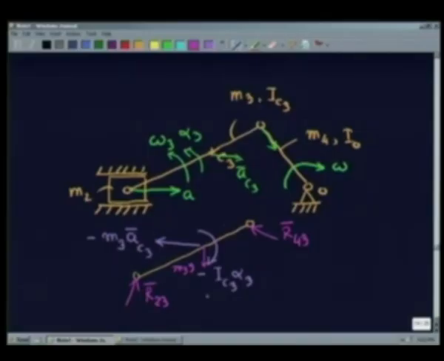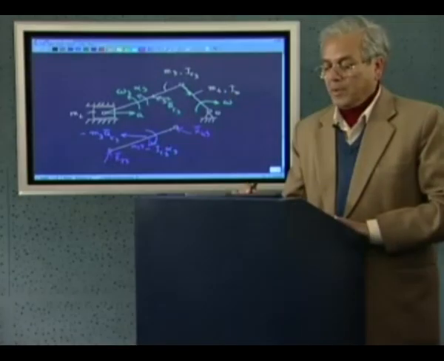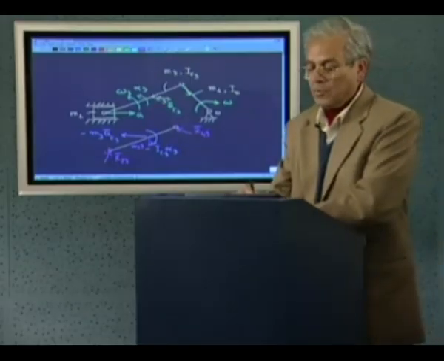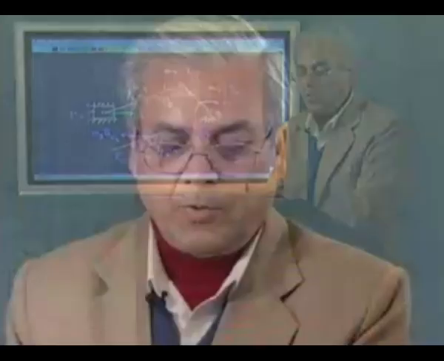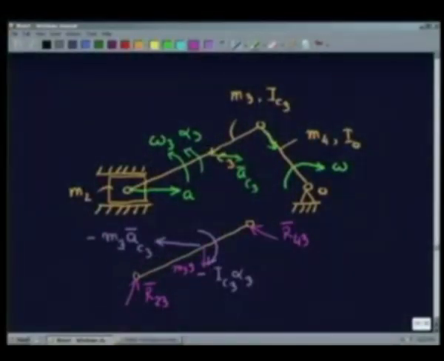That means the total force will be 0, and the total moment about any point will also be 0. So once we come to this situation, the whole problem gets converted into a problem of static equilibrium.